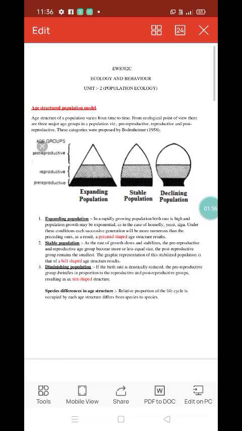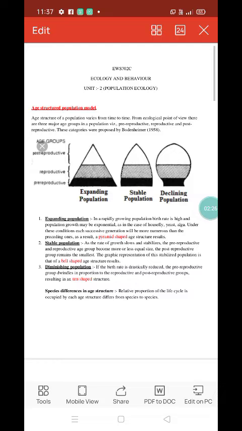So in a population where the older generation of species, whether plants, trees or animals, is lesser as compared to the reproductive or adult ones, the maximum number is present in the pre-reproductive or younger generation. That is known as the expanding population.